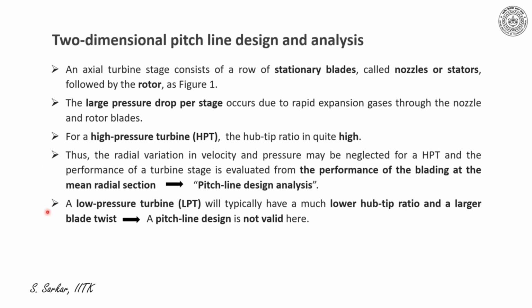It should be noted that for a low pressure turbine, which is designated as LPT, the hub to tip ratio is low, resulting in a considerably large blade height and a large twist of blades. Thus, the two-dimensional pitch line design is not valid in case of LPT.